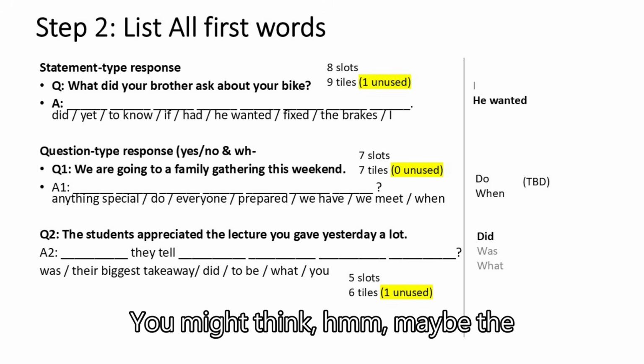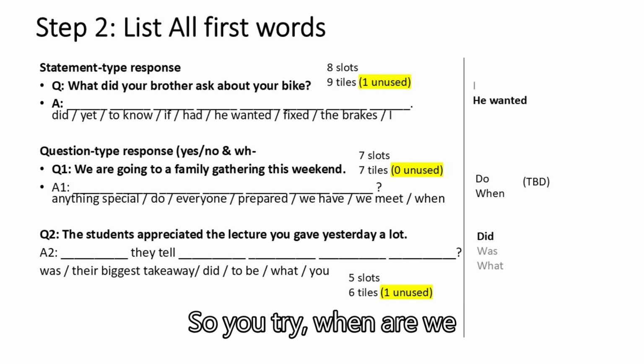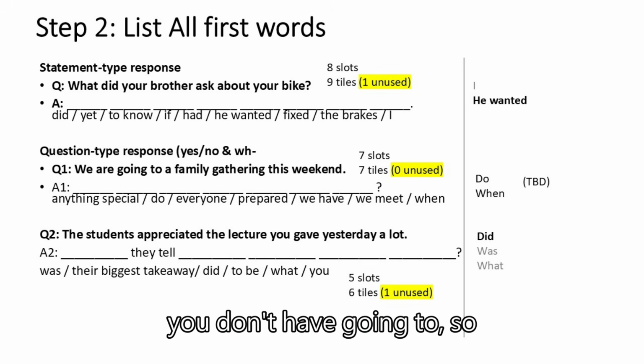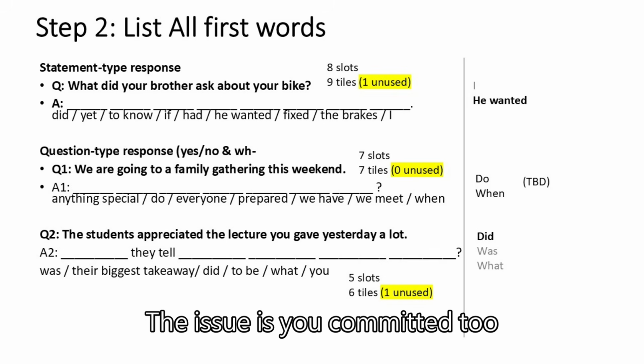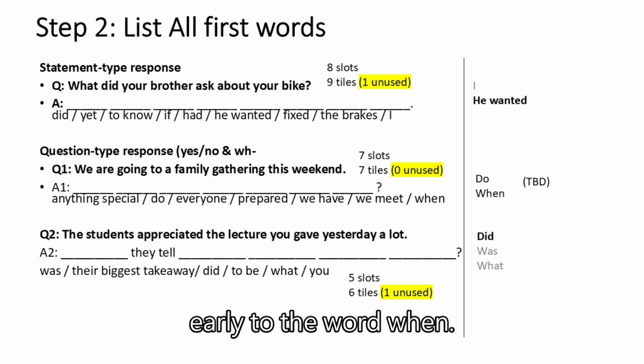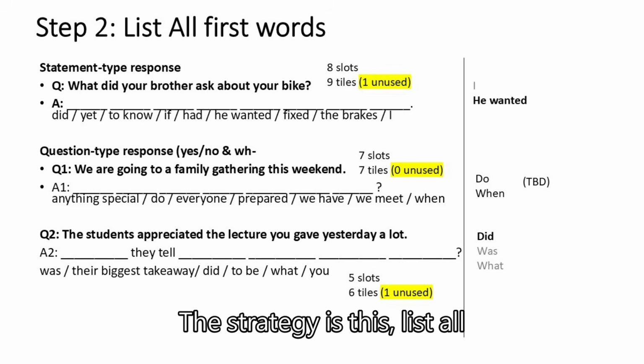You might think, maybe the response starts with when. So you try, when are we going to meet? But then you don't have are, you don't have going to, so the sentence breaks, right? The issue is you committed too early to the word when.